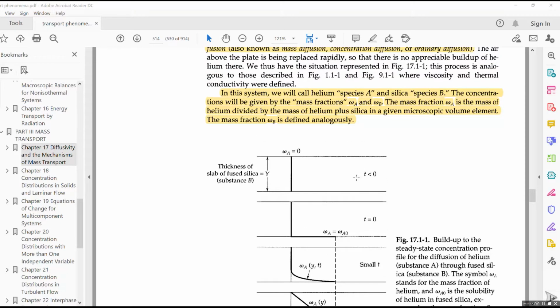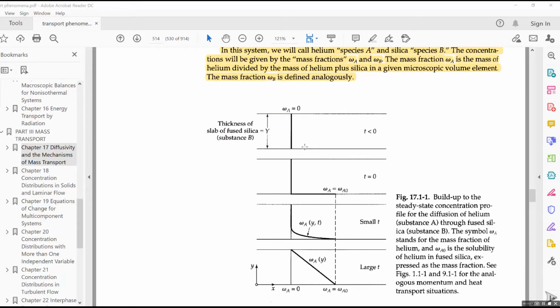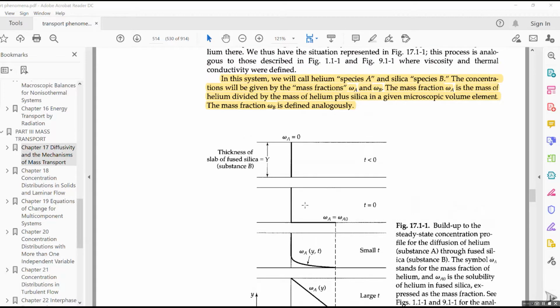This is very similar to what we remember from momentum and energy. Momentum was transported in the positive y direction, and similarly the energy was transported in the positive y direction. Similarly here, the species A, the helium, is transported through the positive y direction.